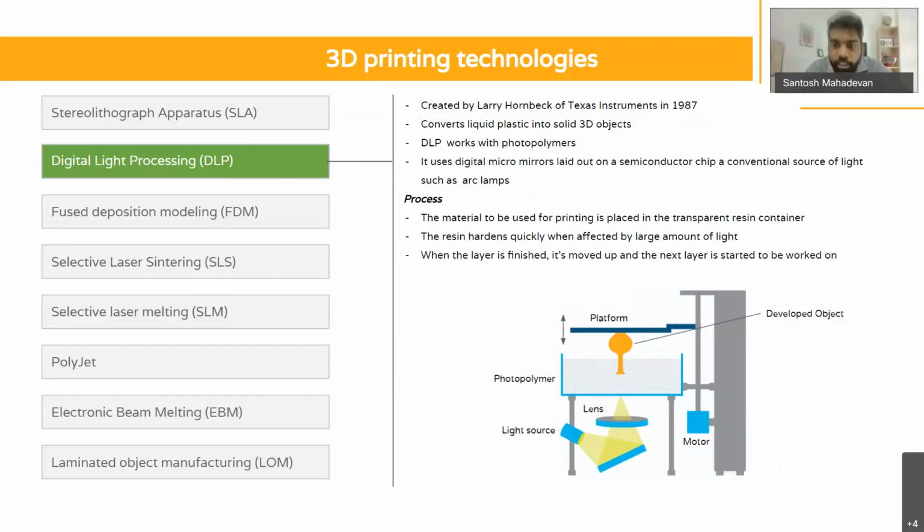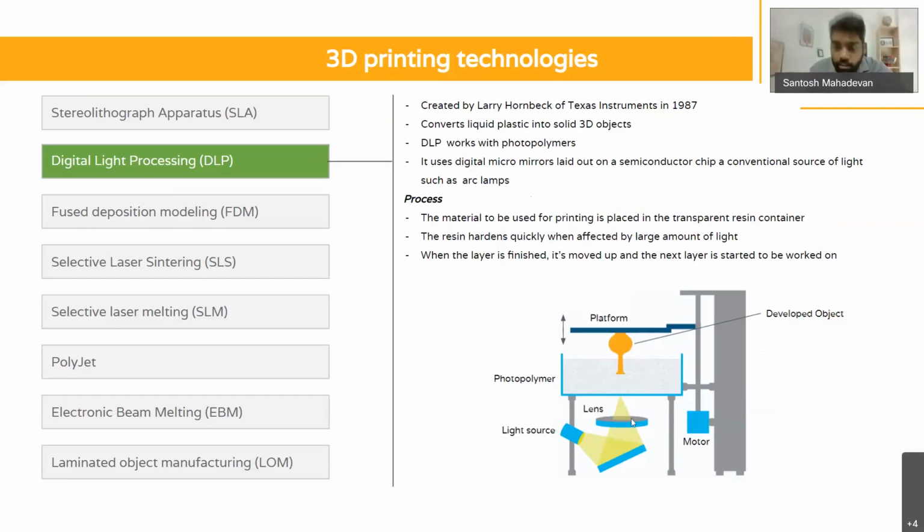To explain this whole process, I will again point out with the cursor. In this method, you have the vat again, the container, and it is filled with the photopolymer. As I told you before, the photopolymer is liquid and it gets solidified under the action of light.